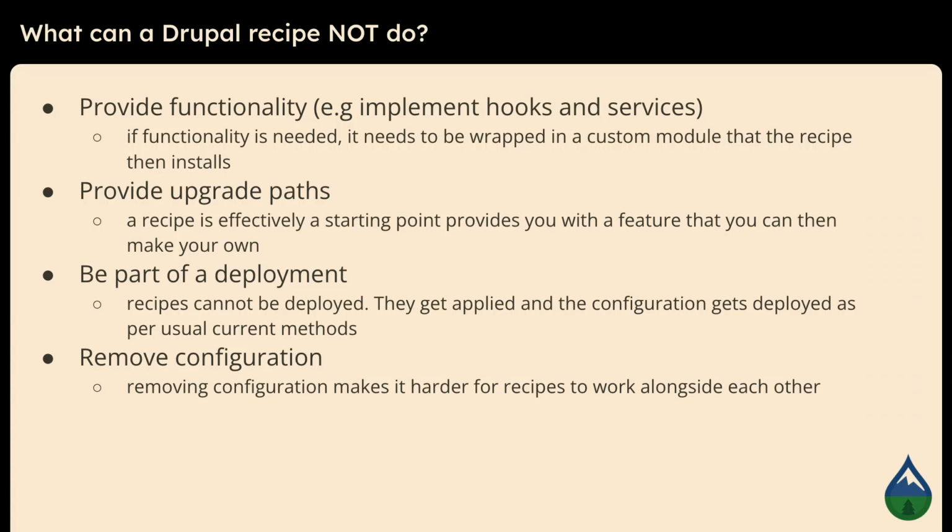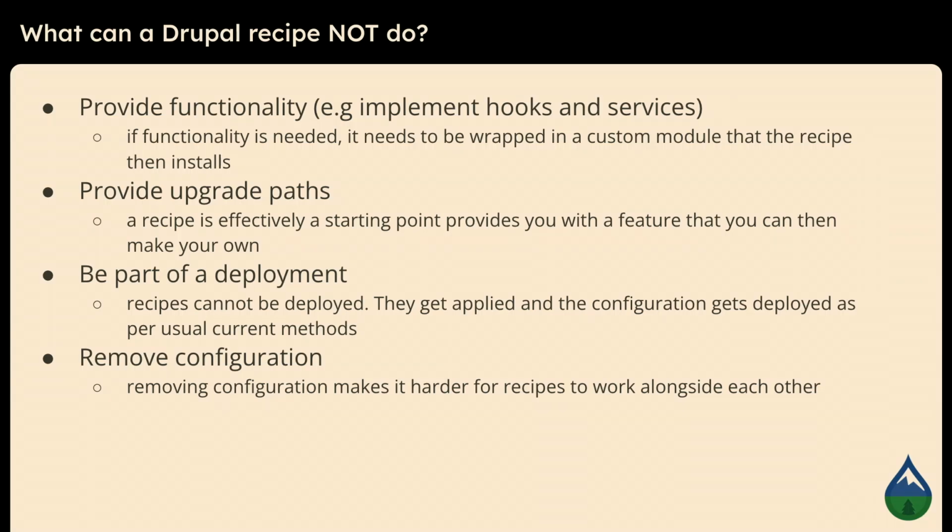They do not provide upgrade paths. Think of them as a starting point or a starter kit for a particular feature, and they are not part of a deployment. So if we have a CI/CD workflow going on, we cannot tell it, as part of this pipeline, install this recipe.